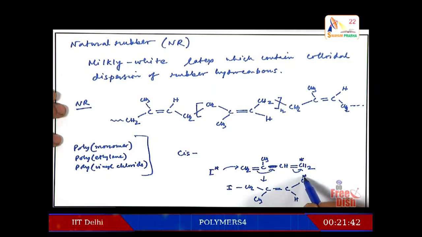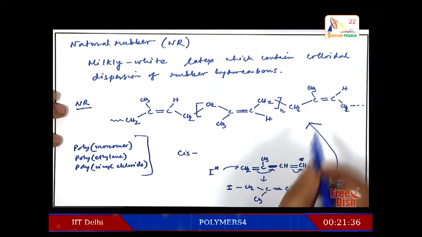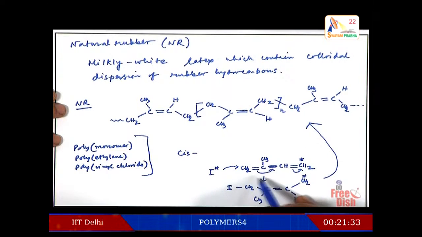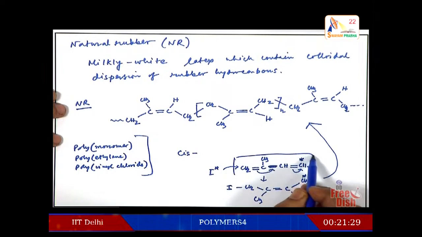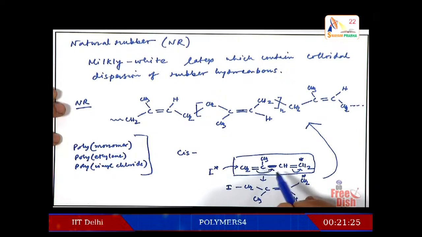This is the active center, it can react further with this monomer and you can get this polymer. So, we can imagine that this is the monomer for this polymer, and what is the name of this? Basically we can think this is a monomer which is 2-methyl 1,3-butadiene.